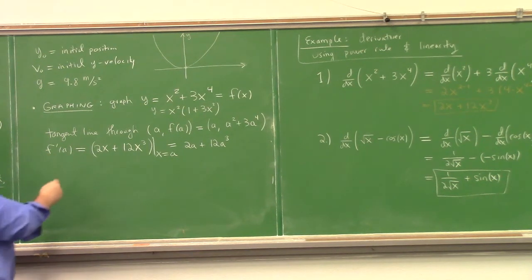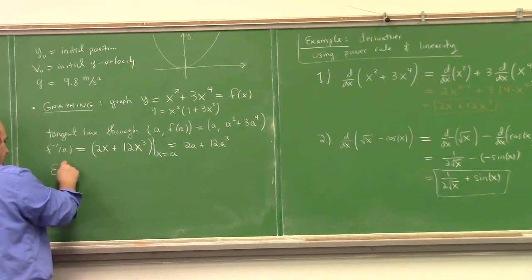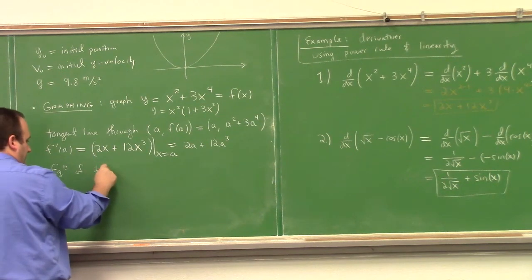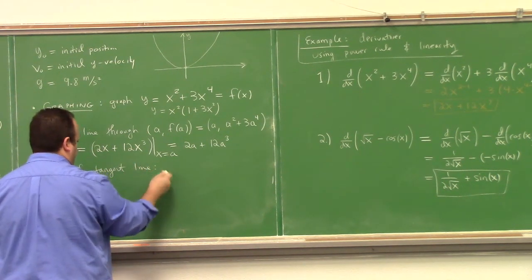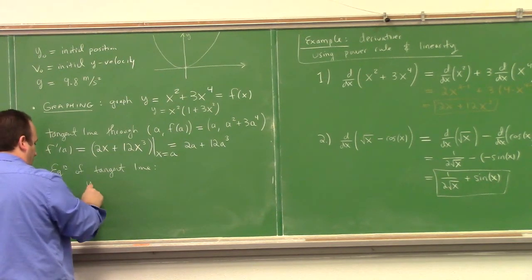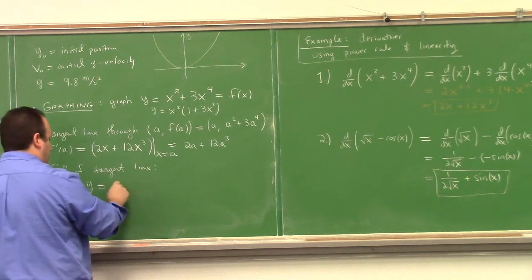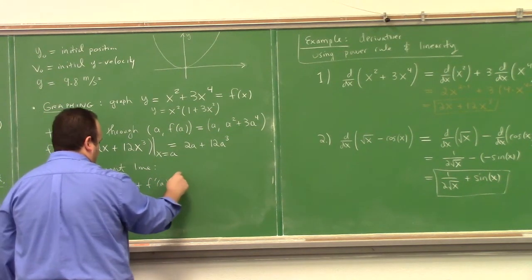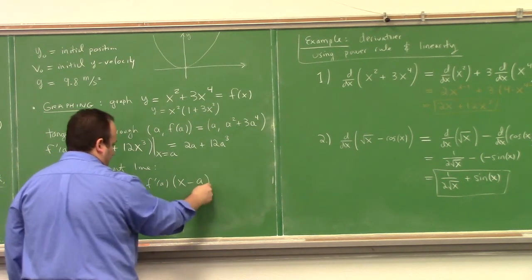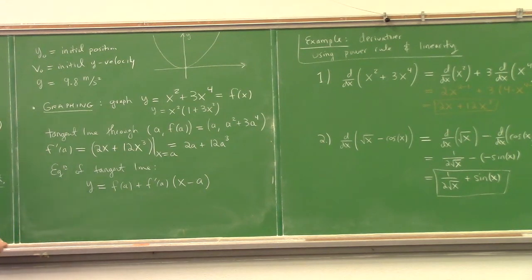So the equation of the tangent line would be y equal to f of a plus f prime of a times x minus a by definition. But for this particular function, we can plug it in.